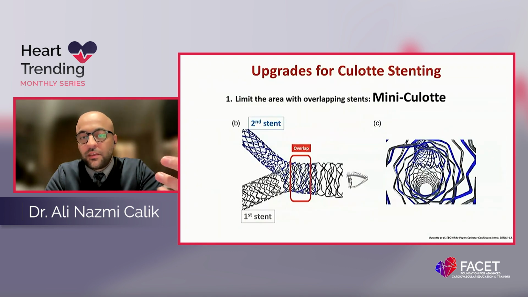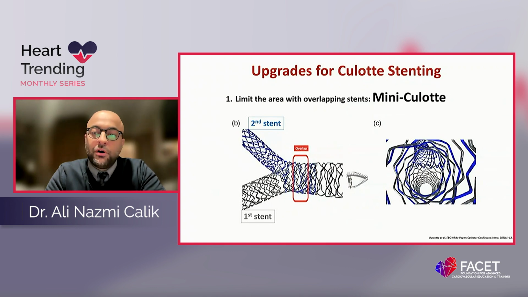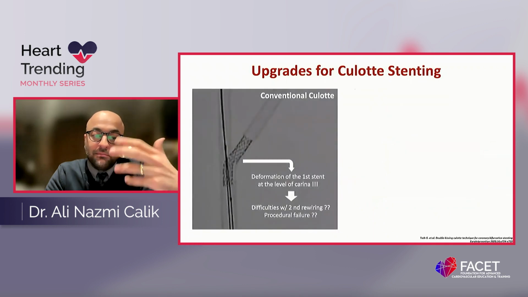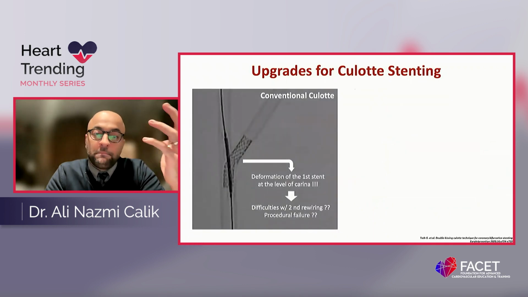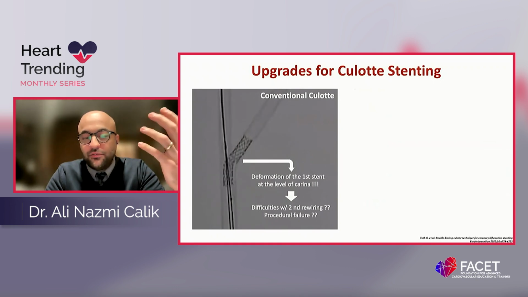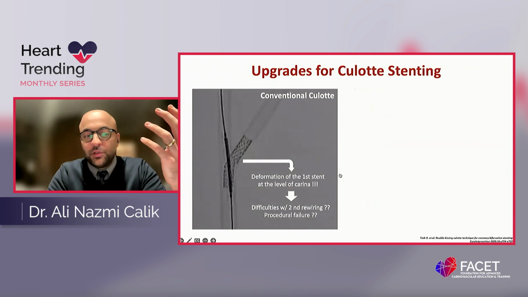First, we now call it mini culotte because we are trying to minimize the overlap. And second, and more important, we now call it DK, the double kissing culotte. This is why Gabor Toth and friends just showed that in a simulation model.